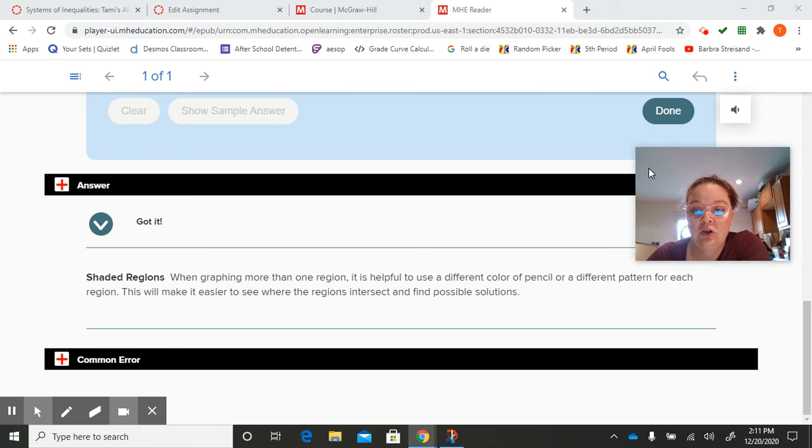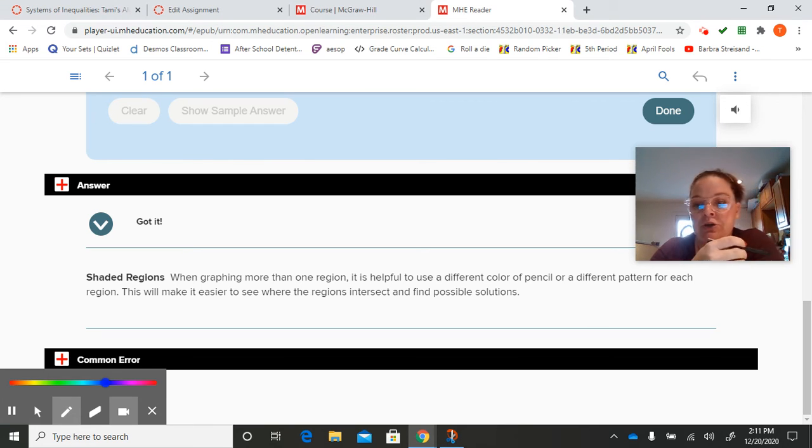And then a little study tip for you. When graphing more than one region, it's helpful to use a different color of pencil or a different pattern for each region. This will make it easier to see where the regions intersect to find possible solutions. What this is saying is if you are graphing on paper, you want to make sure you use different colors or different patterns.